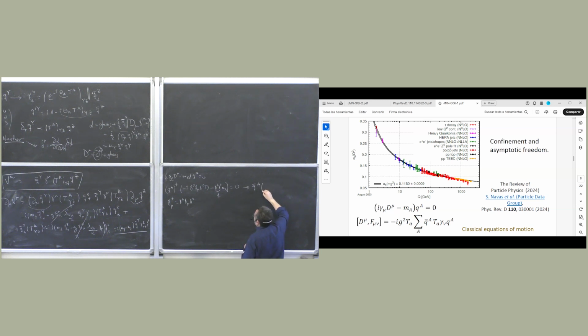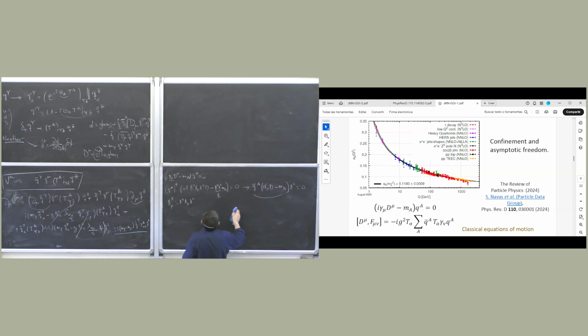Now you are going to have minus i gamma mu d mu, then we have minus m_a, and we have gamma naught equal 0, right? So in principle what you have is this is equal to 0. So it changes. There is a minus sign difference, right? Okay?